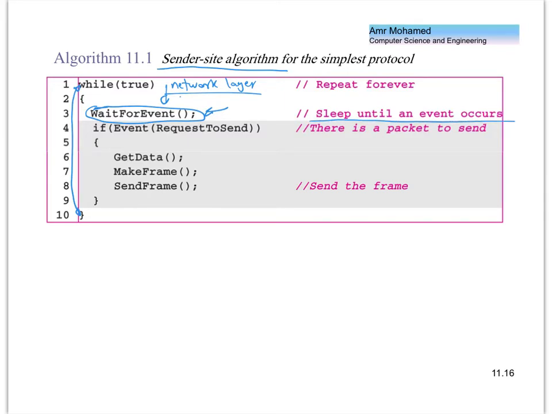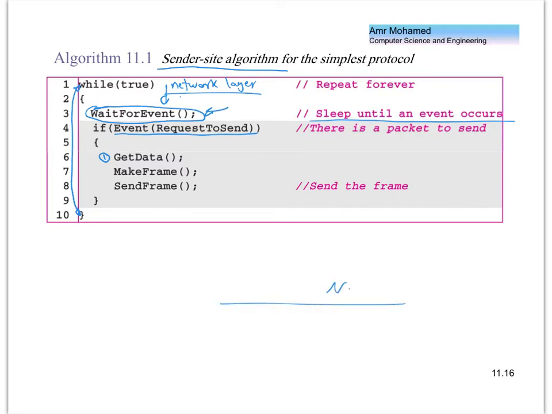The event happens asynchronously as a software interrupt, which happens at any point of time. Then you check that this event is a request to send coming from the network layer, so you need to get the actual data, which is the packet that you get from the network layer.